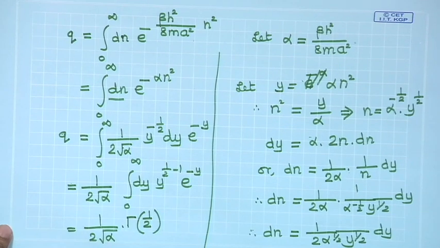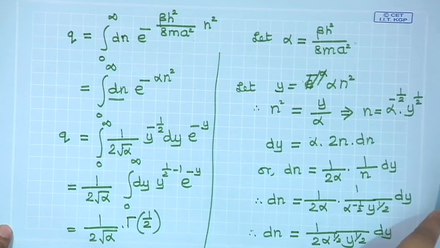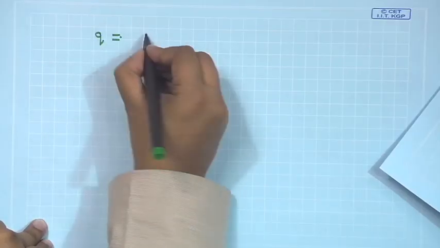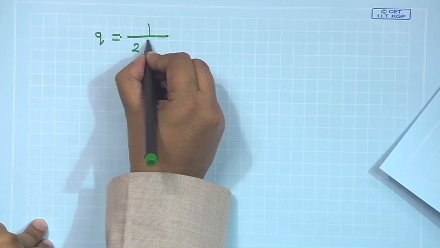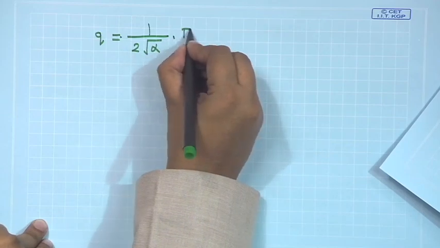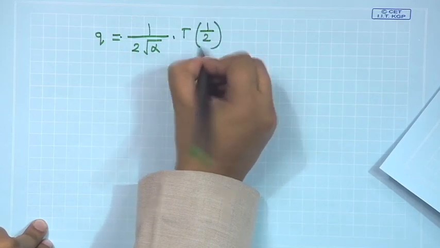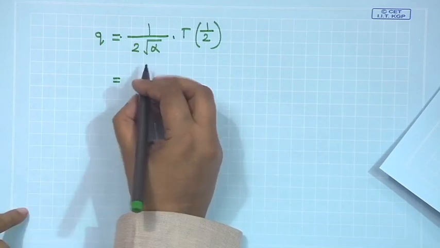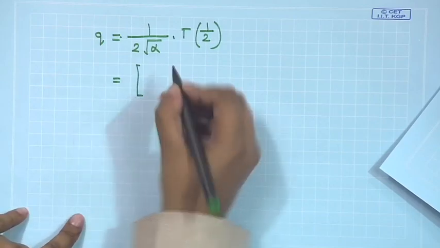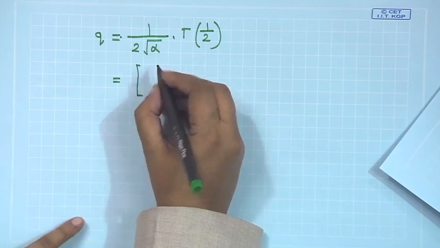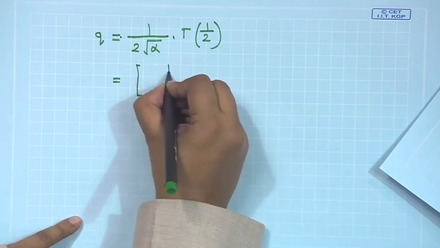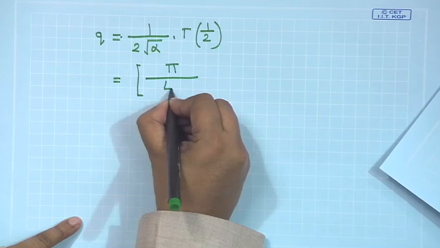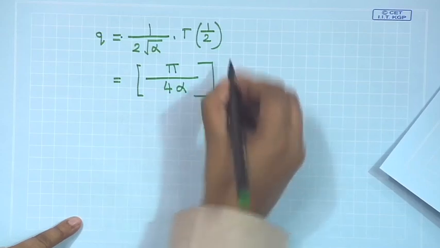So, my small q now turns out to be 1 by 2 into root alpha into gamma half. Do you know what the value of gamma half is? Yes, the value of gamma half is root pi. So, what I have here is root pi divided by 4 alpha to the power of half.